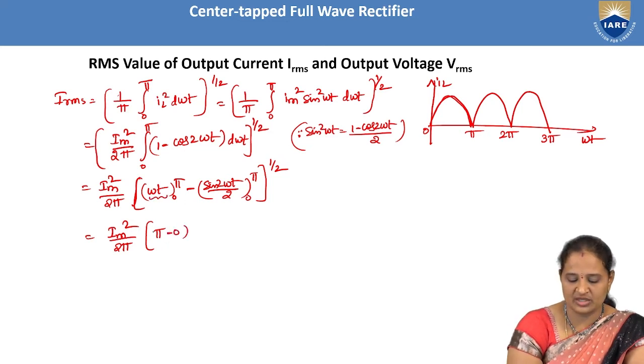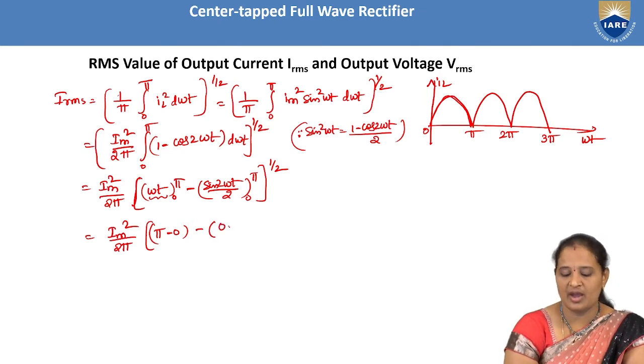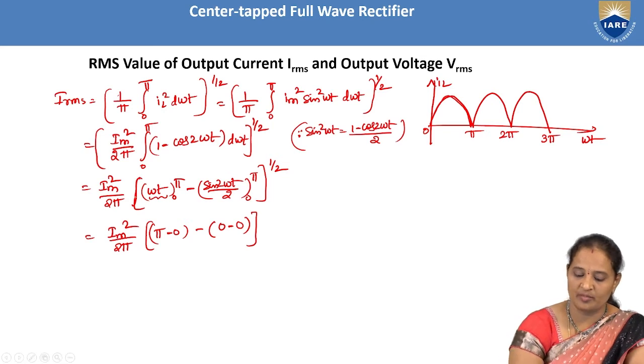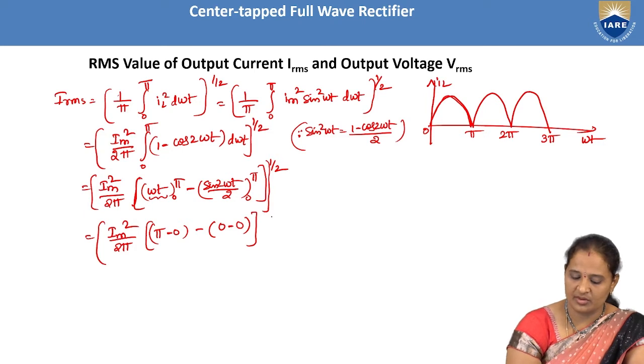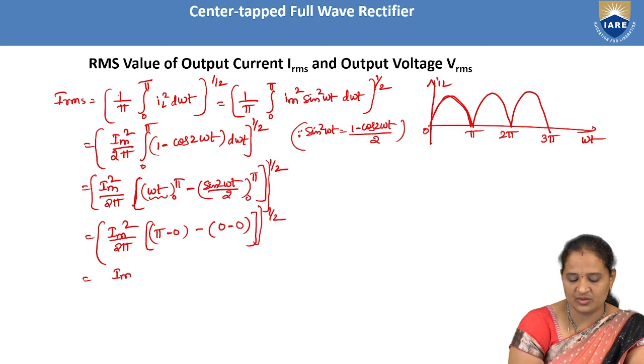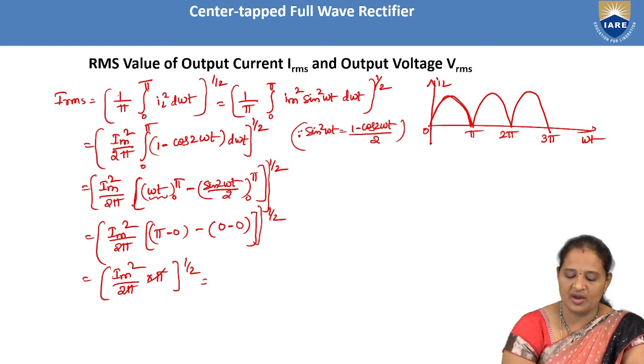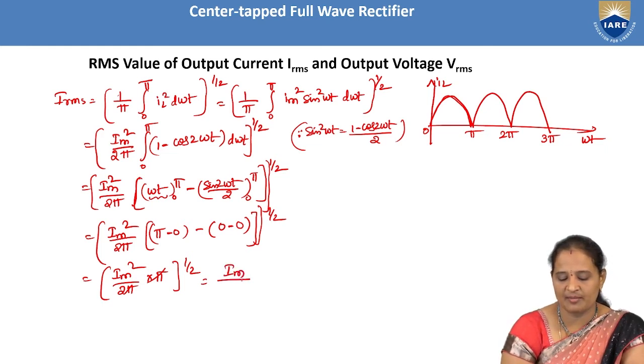So pi minus 0, minus sine pi which is 0, and sine 0 is also 0. Sorry, here we need to consider the whole power of 1 by 2. So now Im square by 2 pi into pi we are getting. So this pi gets cancelled. Whole to the power of 1 by 2 means root. If you apply the root, then I will get Im by root 2.